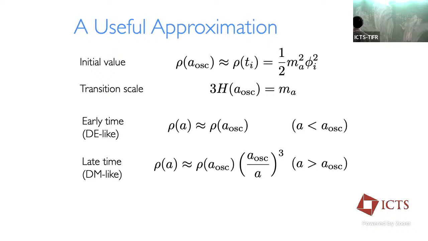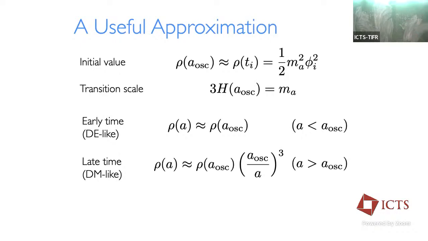So yeah, if you have the cosine potential or just the m squared phi squared potential, you will only ever go like -1 and then a to the minus 3. If you want to do something more complicated than this, you have to have a more complicated potential. If you have a more complicated potential, you can basically do whatever you want with the evolution of the field.